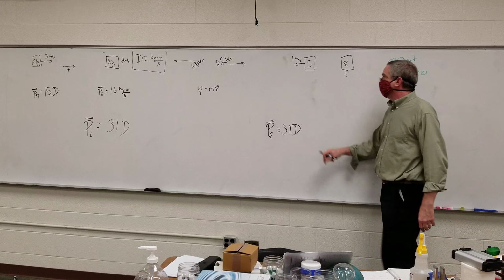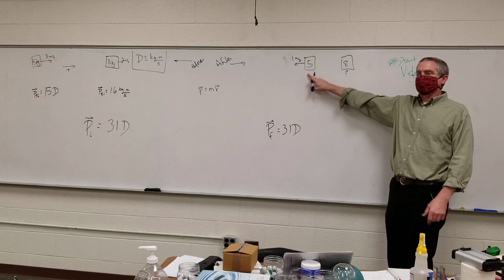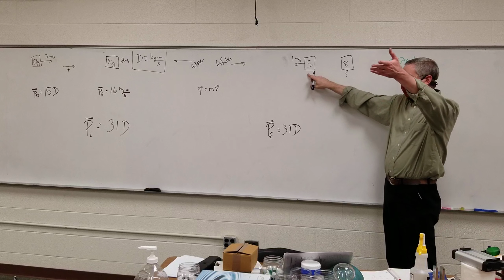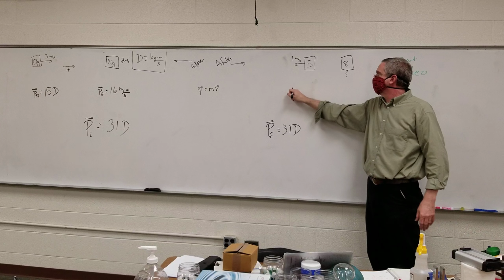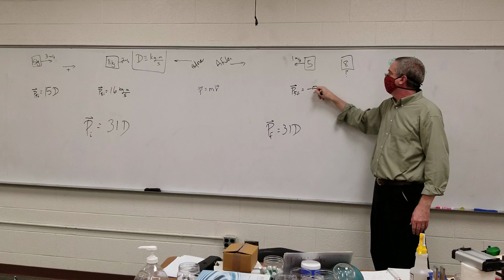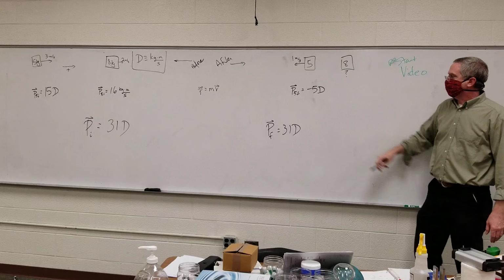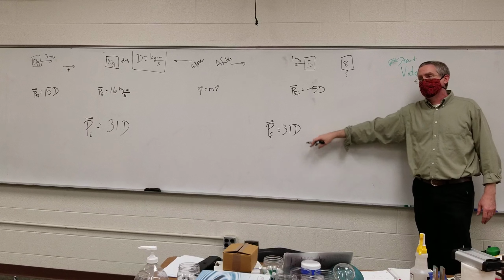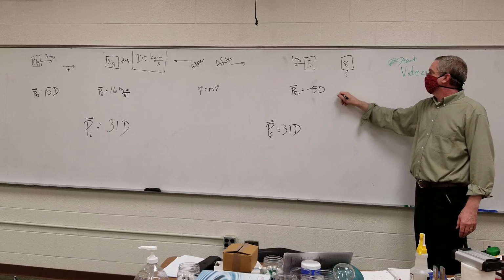Now let's look at the parts. What is the momentum of this one after the collision? My total is 31, so I have -5 plus something that gets me 31. 24?